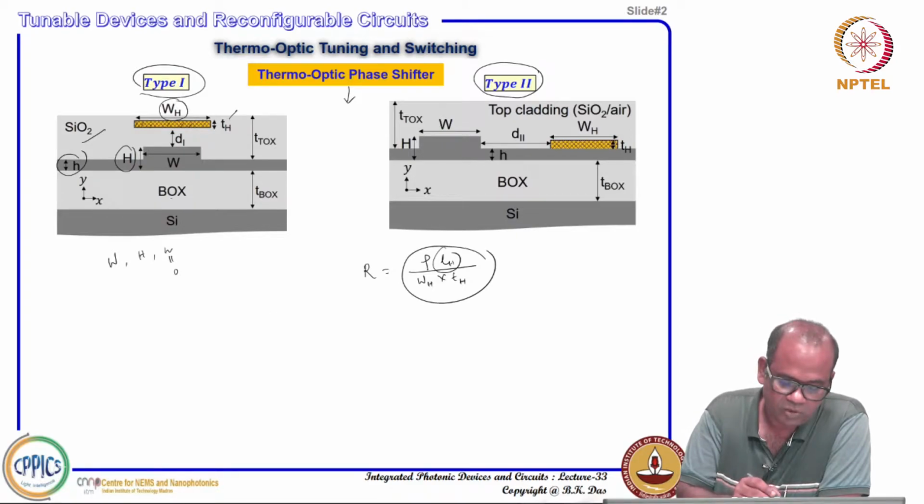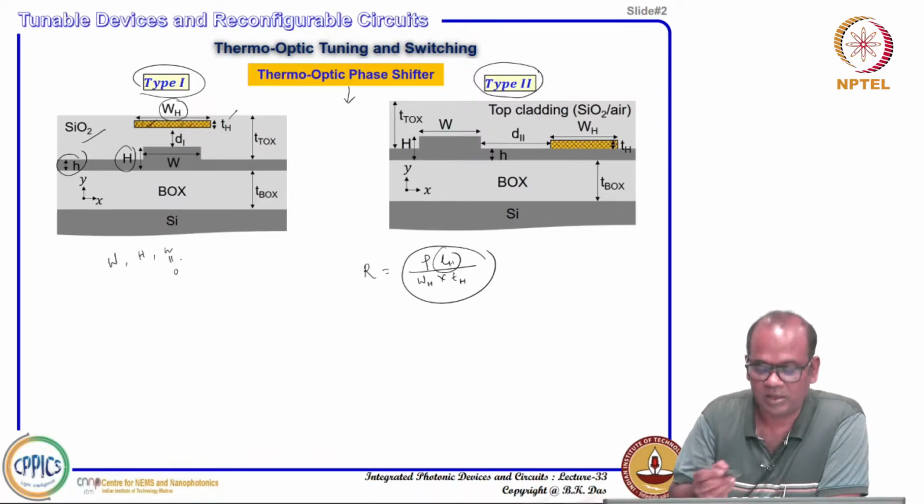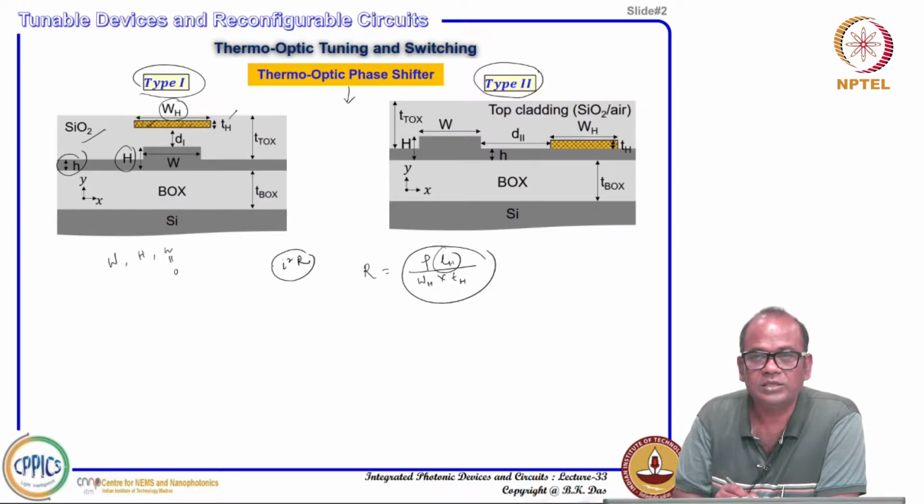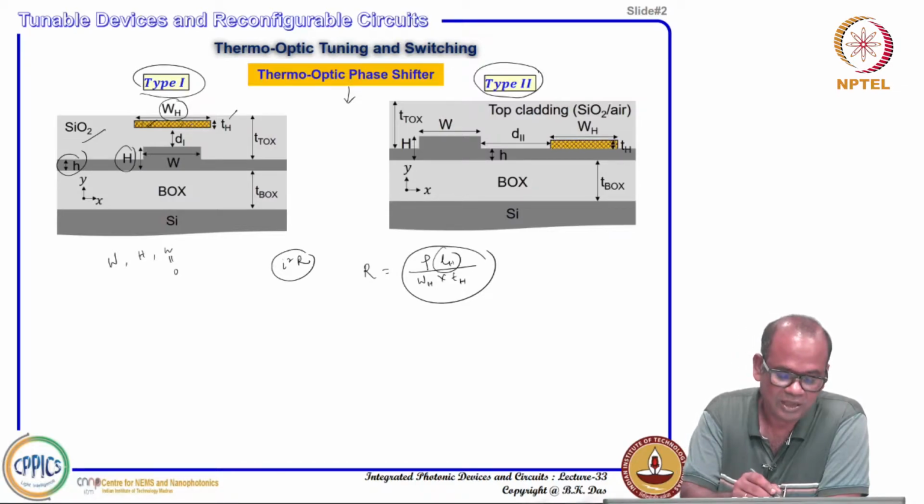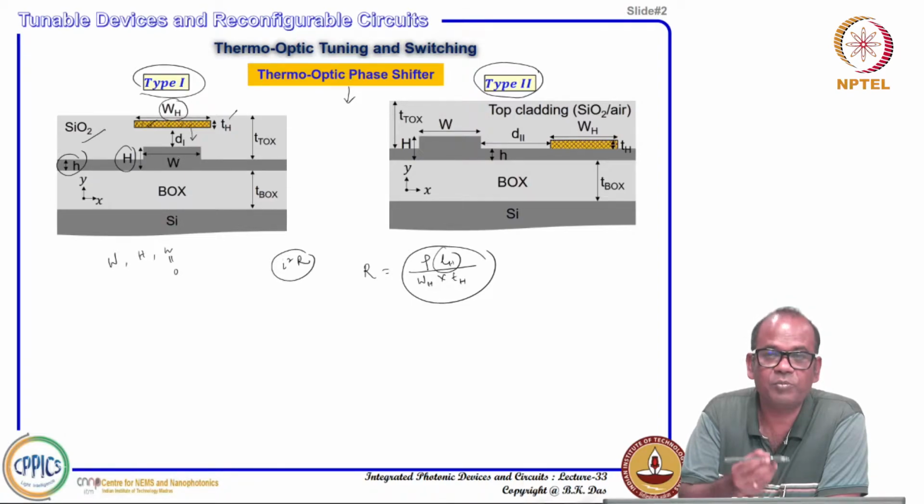If you pass current through the micro heater from one end to the other, then because of Joule heating, I squared R, the heat energy transfers through the oxide to the silicon waveguide. Because of the higher thermal conductivity in the silicon, its temperature will increase compared to the surrounding oxide.